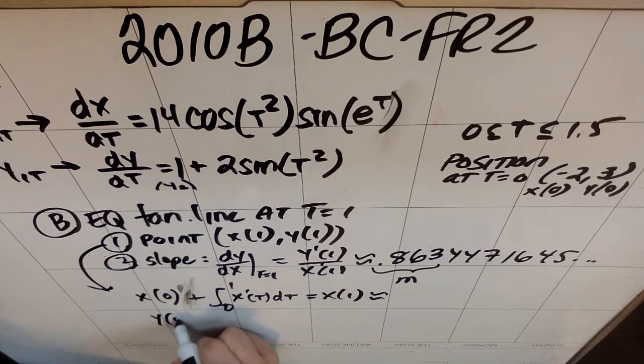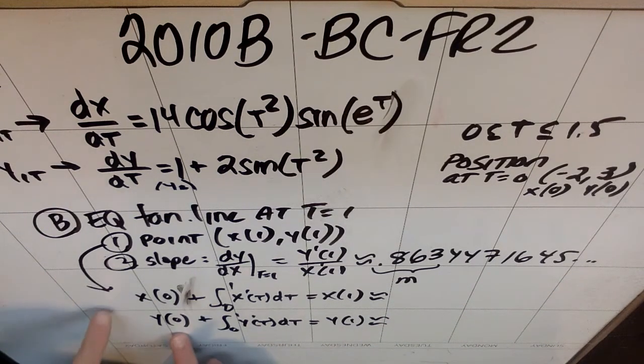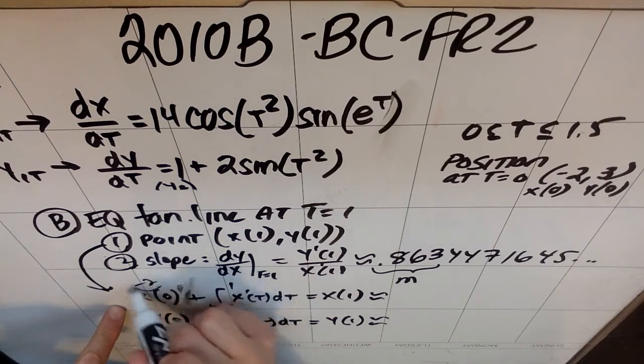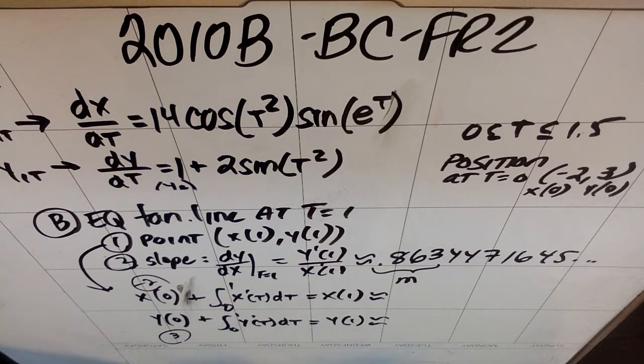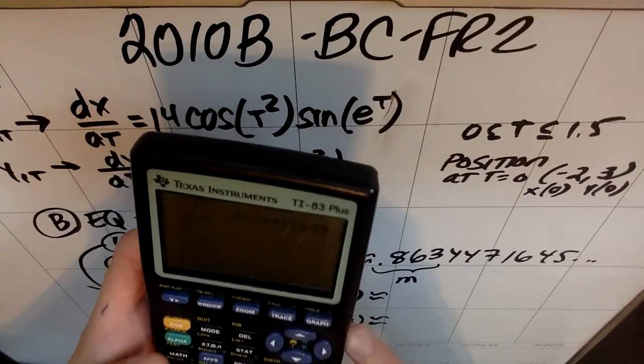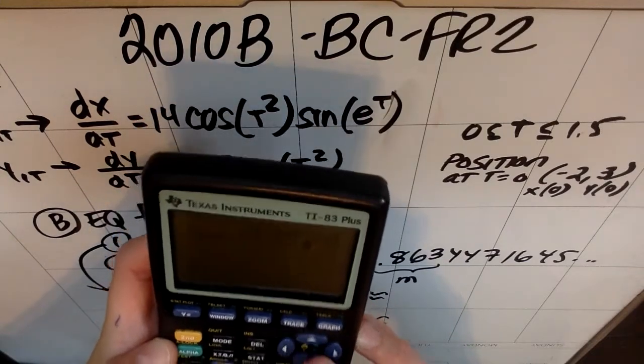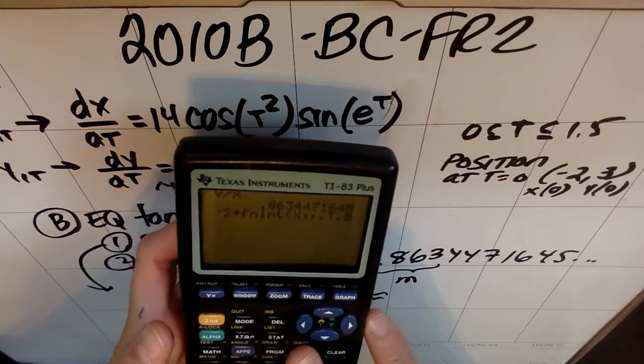And the same thing is going to be true with y of 0 plus the integral from 0 to 1 of y prime of t with respect to t. That'll give me y of 1. So I can type both of these in my calculator. In this case, x of 0 was a negative 2. y of 0 was a 3. And then I can use math 9 to integrate. So if I do negative 2 plus math 9, I want to integrate in parametric my x1t, comma, with respect to t from 0 to 1.